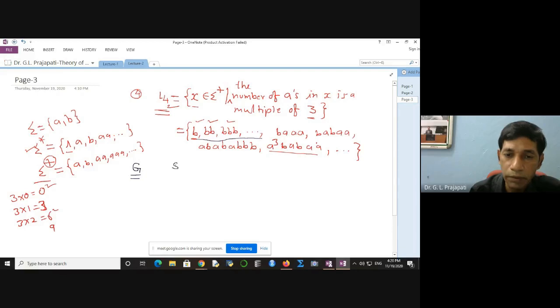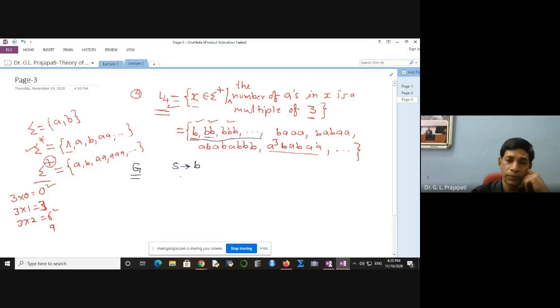And you know that generation of any sentence of your language must begin with the special non-terminal, which is the start symbol. So S, you have to write the rules for S. S can derive B. So you will find the single B here. Now, how can you obtain double B or triple B or 4 times B?